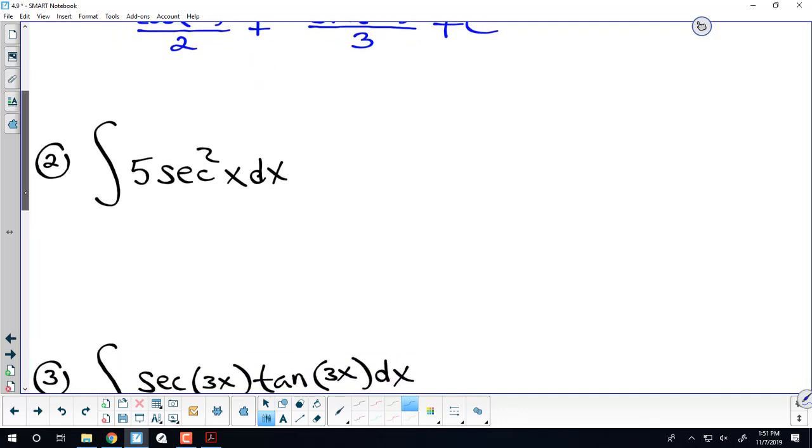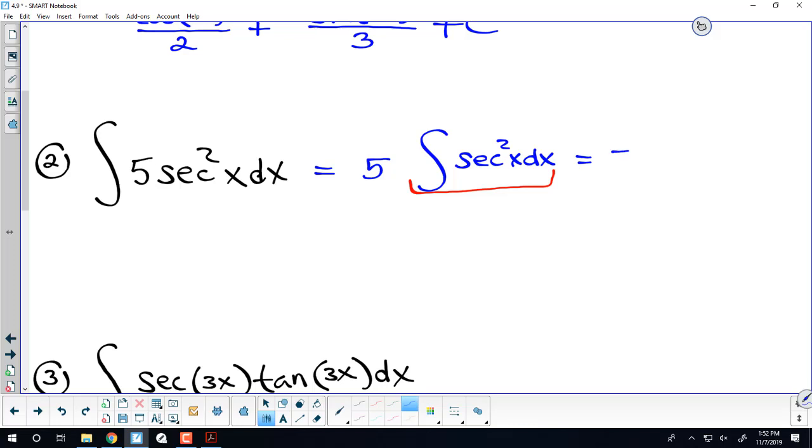And then 5 secant squared is just 5 times the antiderivative of secant squared, and so that's just 5 times tangent. If you pull the 5 out, the antiderivative is going to give you tangent plus c, but it's 5 times tangent, 5 plus c. 5 plus c is just another constant.